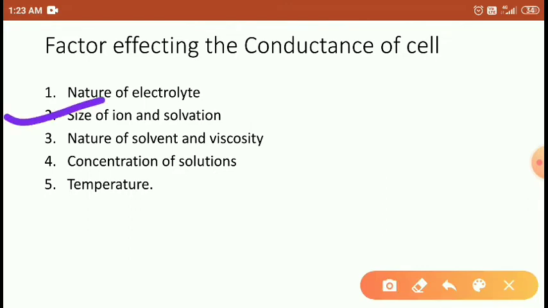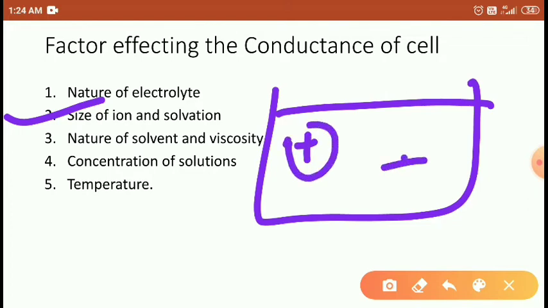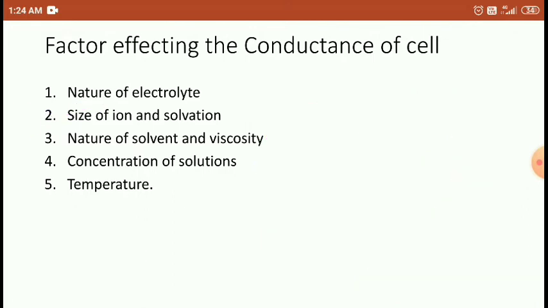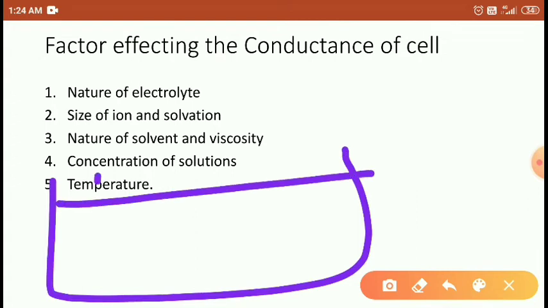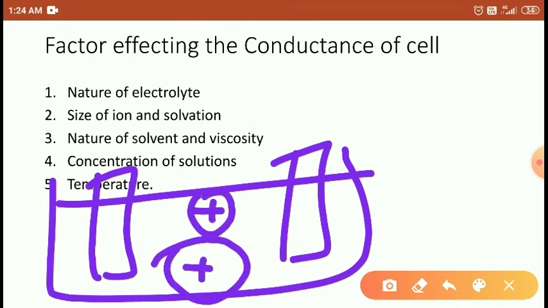Size of ions. In an electrolytic solution in which I am using 2 electrodes, there can be small size ions and large size ions.